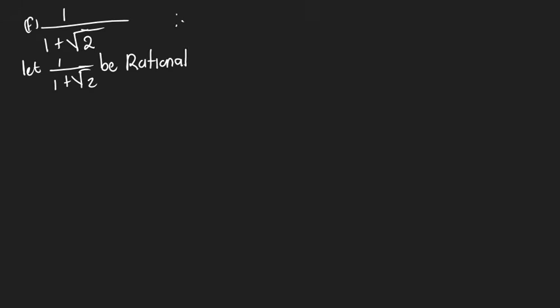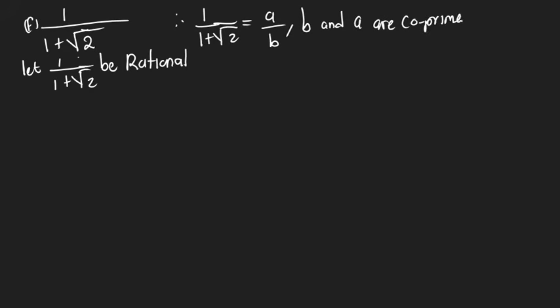If this is true, then 1 over 1 plus the root of 2 is going to equal A over B, where B and A are co-primes, and that B must not equal 0.